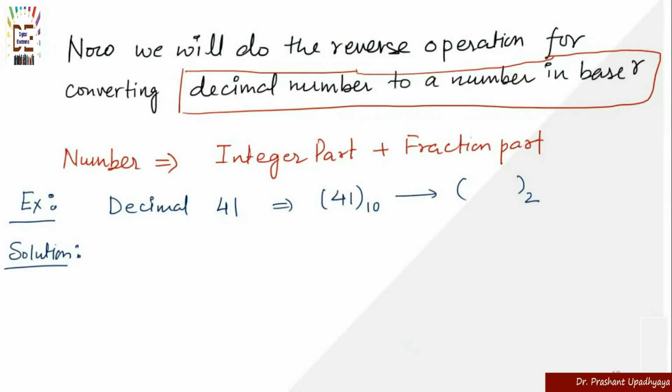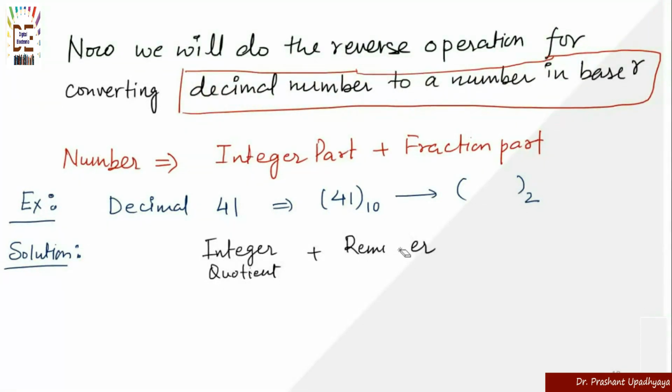I will tell you both methods: divide by 2 and trace the remainder, the easy way, and the mathematical representation of it. What we will do is make columns for the integer quotient, and what will be the remainder.